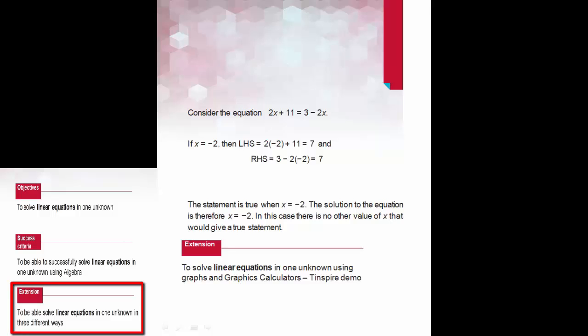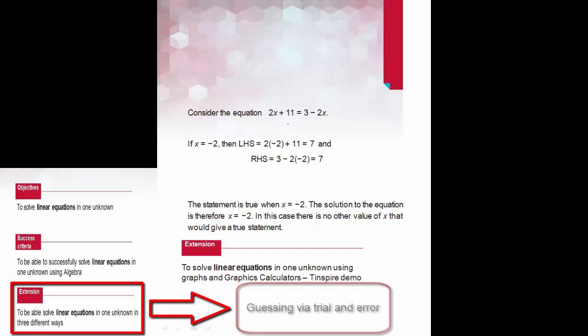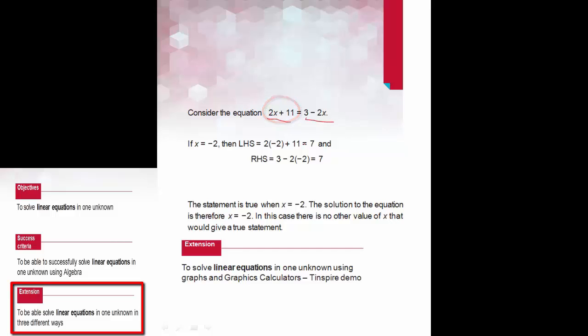Now, the first way of solving this, remember we said we were going to discuss 3 methods. The first method is actually by trying to guess. So you substitute x for various values. This is the right hand side, and this is the left hand side of the equation.